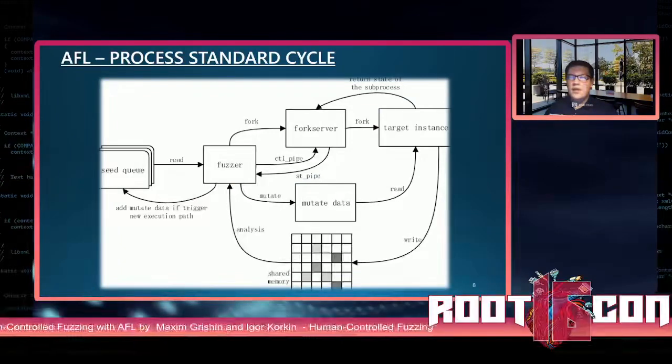Let's look at a simple model when the fuzzer starts a standard cycle. The fuzzer extracts an element from the queue and mutates it, checking the execution traces.